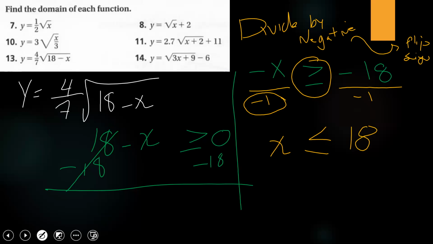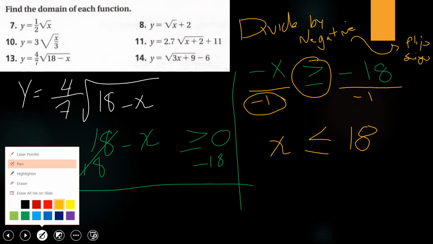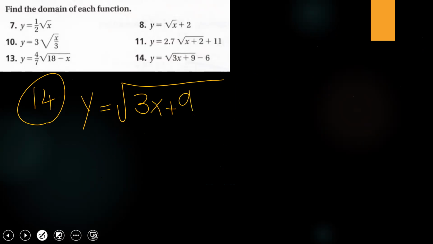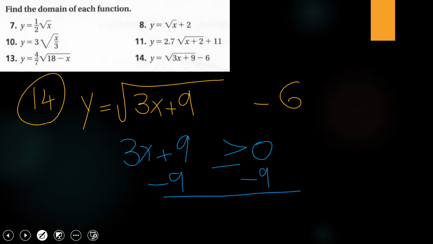Yes, thank you. Let's solve now number 14. Y equals square root of 3x plus 9 minus 6. Now, where is the expression under the square root? 3x plus 9. 3x plus 9 greater than or equal 0, minus 9, minus 9.